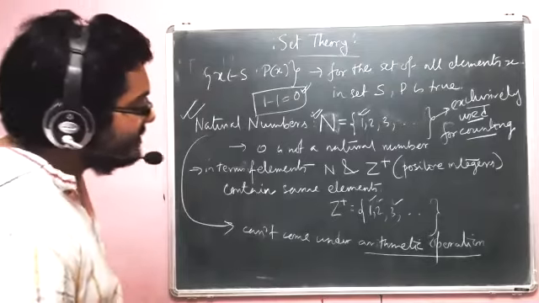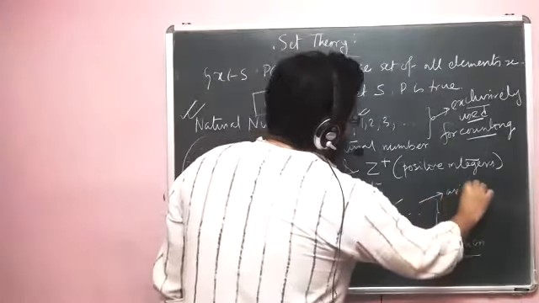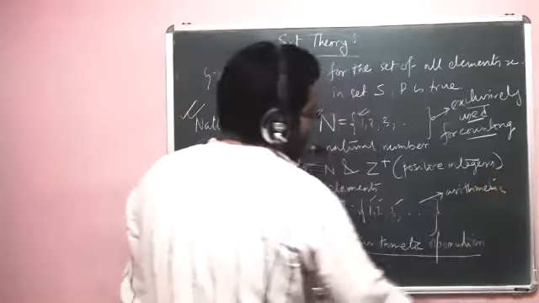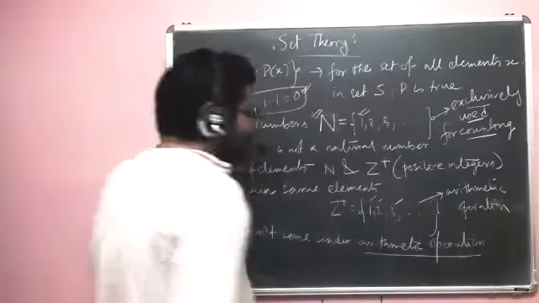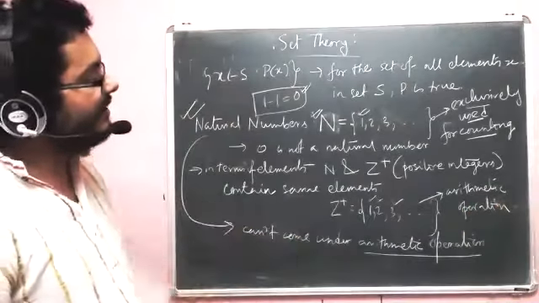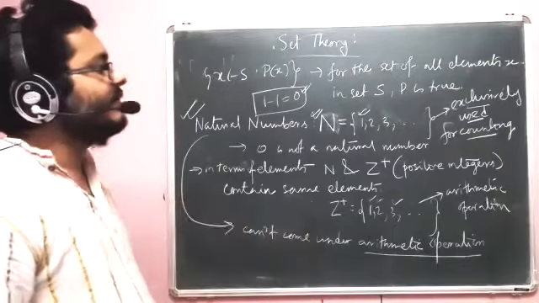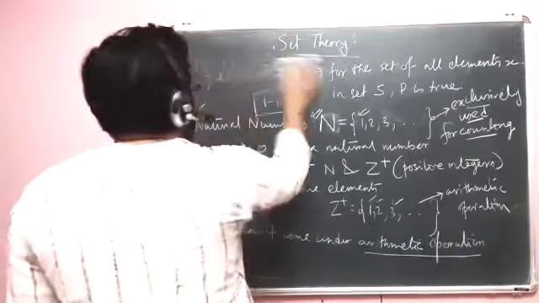Because when you come to positive integers, here we allow arithmetic operations. And because we allow arithmetic operations, we are required to define two things.